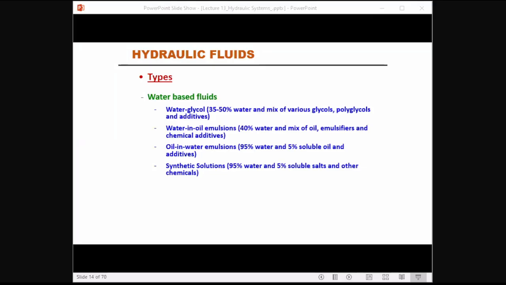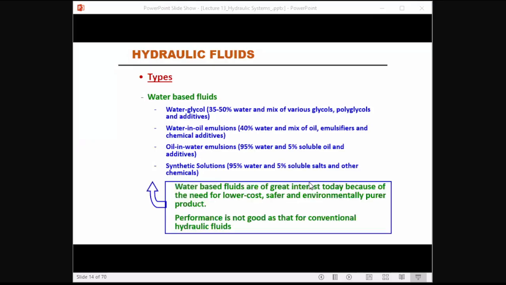Okay, then water-based fluids are of great interest today. It's very interesting because of the need for low cost.